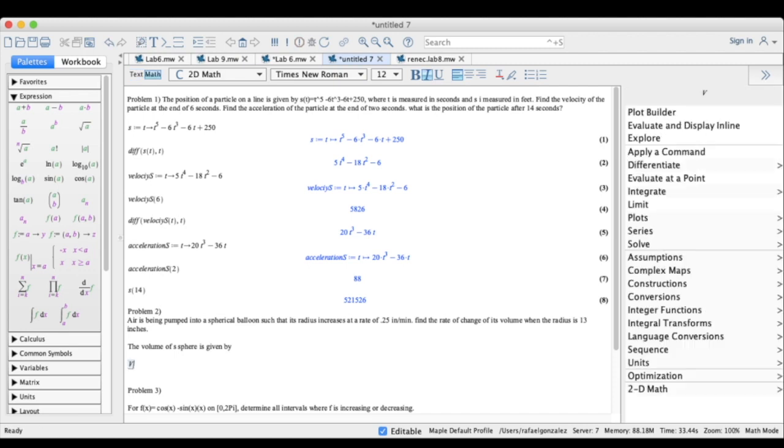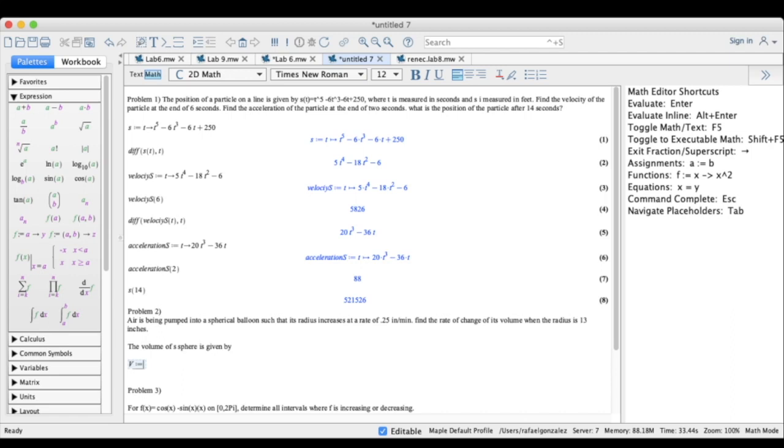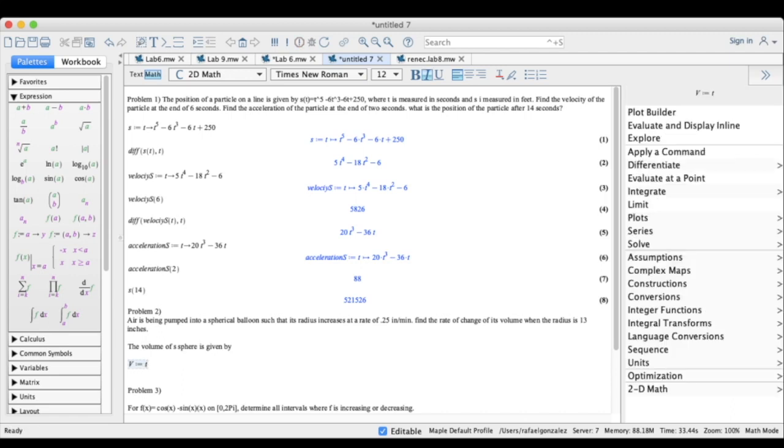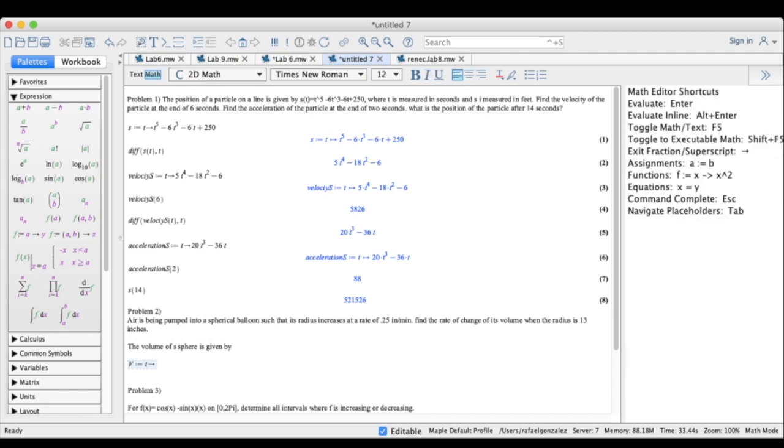I'll call it capital V, volume, such that t goes to 4 over 3 pi times r cubed.